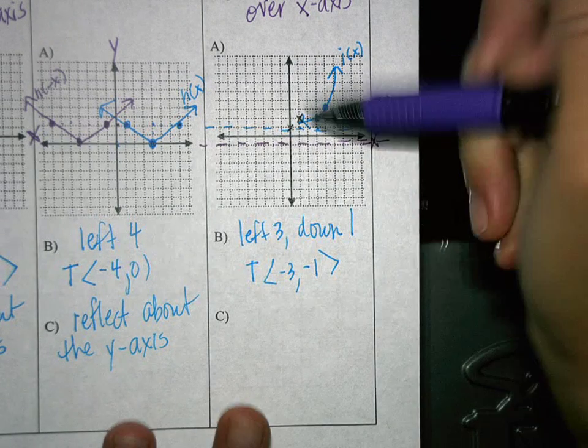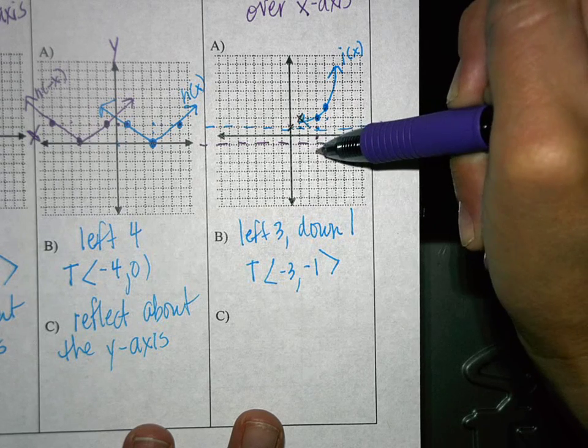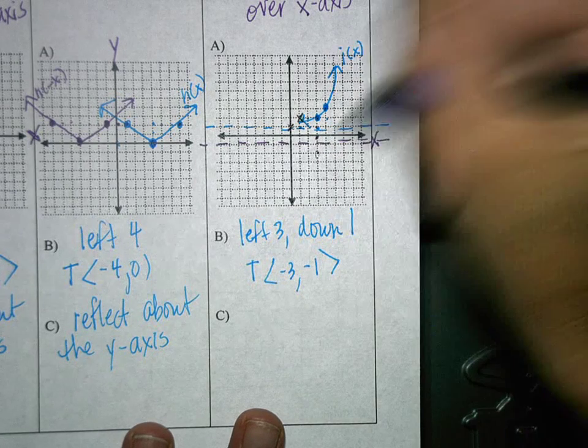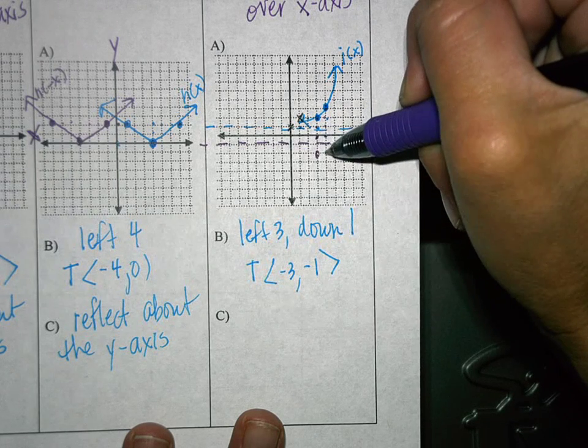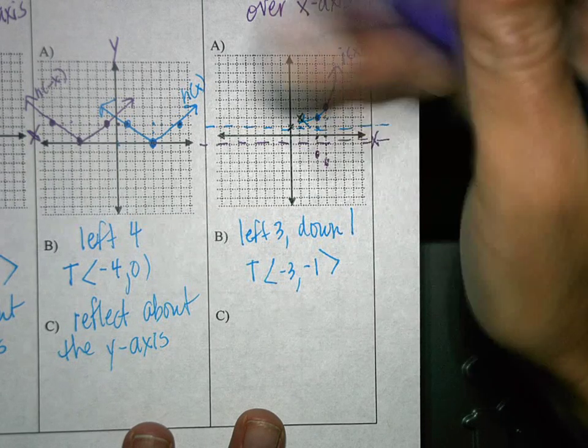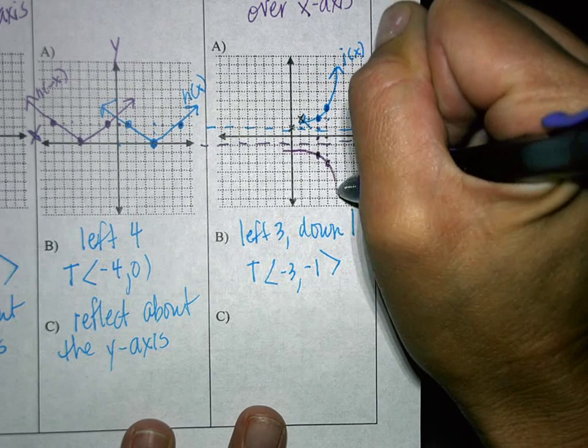This point is how many away from the x-axis? 2, so I go down 2. And this one is 1, 2, 3 away, so I go 1, 2, 3 away. And then my curve, again, remember it gets real close to the asymptote. So it looks something like that.